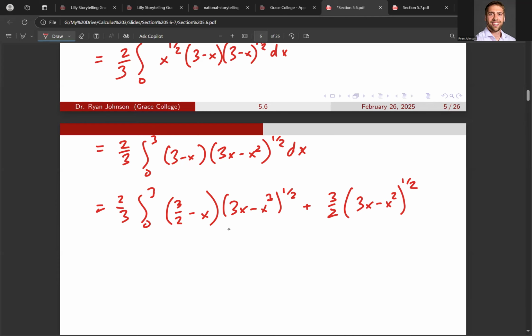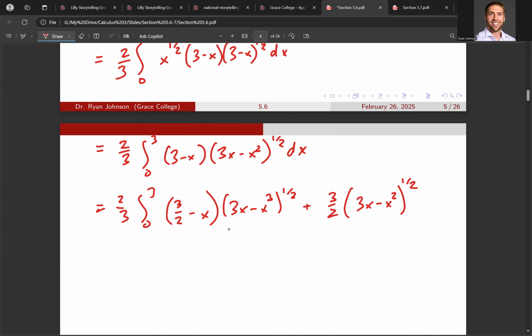I said to myself, this is almost a U substitution. In order for it to be a U substitution, it would need to be a 3 minus 2x. Right? But I don't have that. So I can either subtract and then add a value of x, or I could split up the 3 into 3/2 here and a 3/2 there.